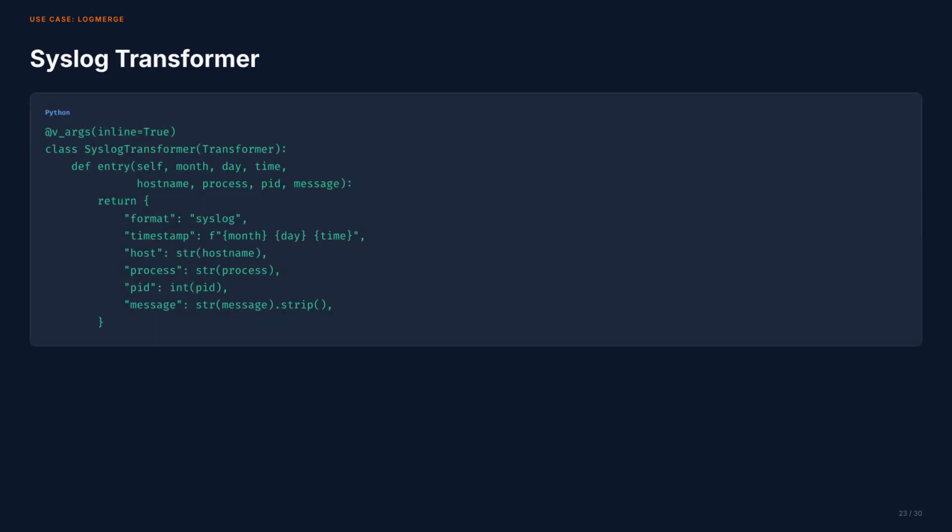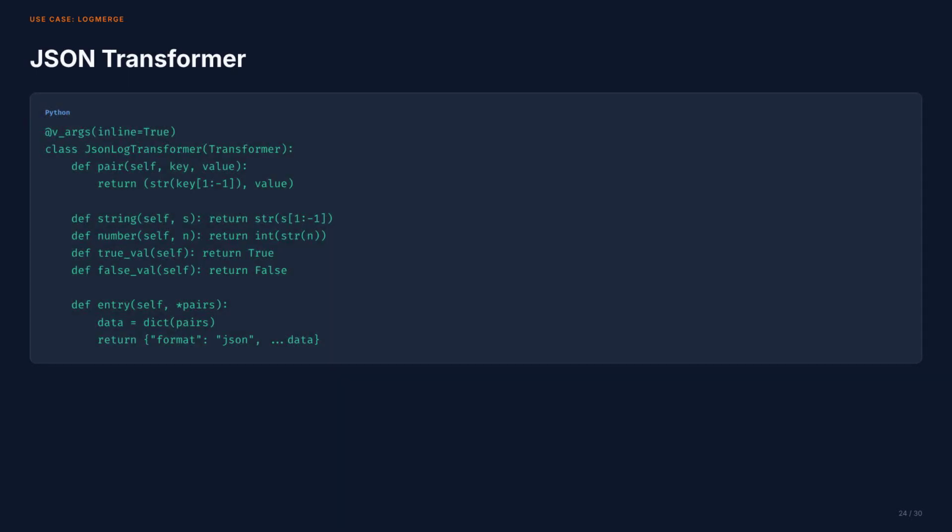Each format gets its own transformer class. The syslog transformer has one method, entry, decorated with v_args inline. It receives the parse tokens as arguments and returns a normalized Python dictionary with format, timestamp, host, process, PID, and message fields. The JSON log transformer handles JSON entries. The pair method extracts key value tuples.